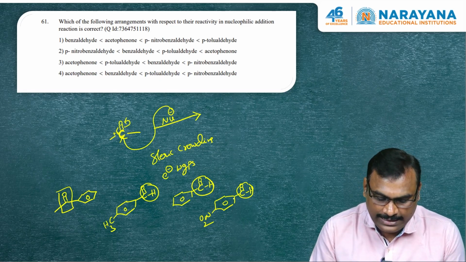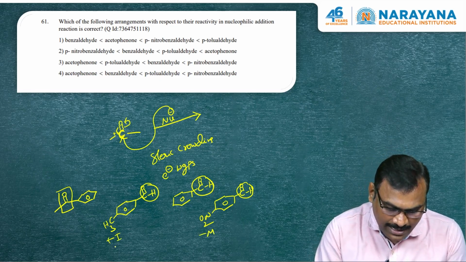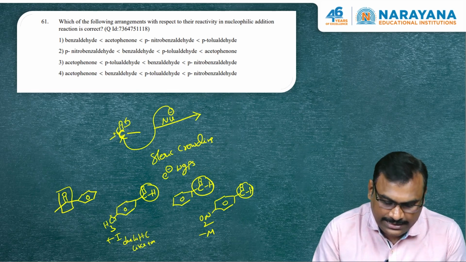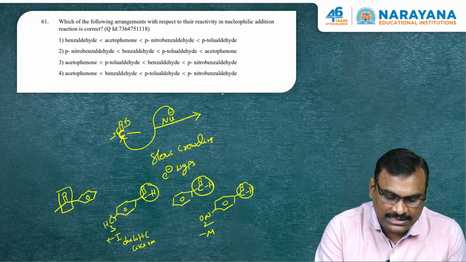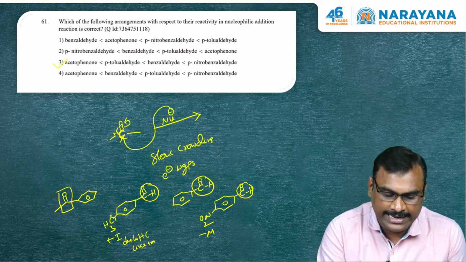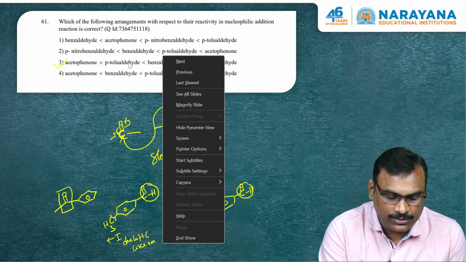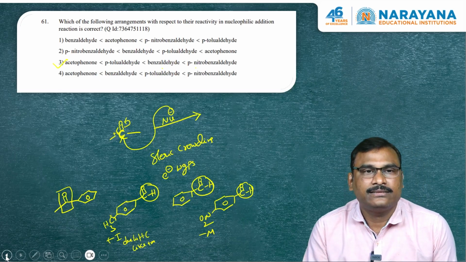Among the aldehydes, this has a minus M group, this has plus I and plus M, like due to hyperconjugation, which increases the electron density, which withdraws the electron density. Therefore, the better answer for the given is option 3. Since para-nitrobenzaldehyde has a withdrawing group, and there is no withdrawing or donating in one, but a donating group is there. So the answer is 3.